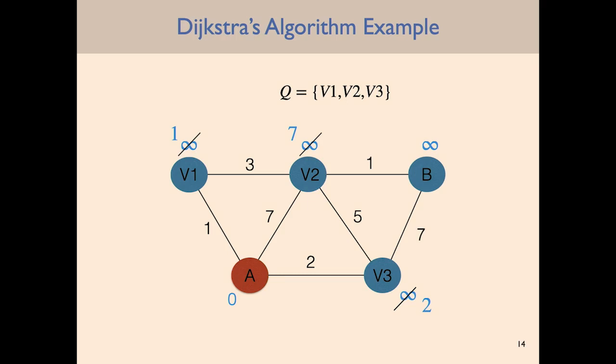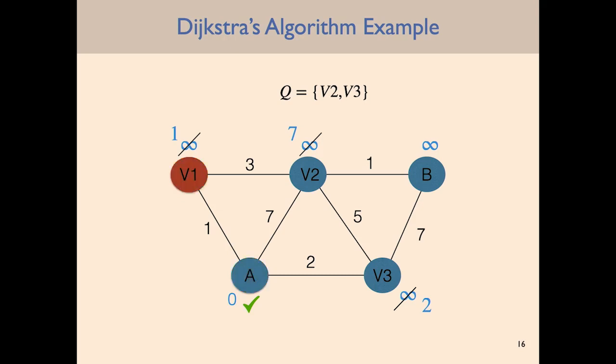They have cost estimates 1, 7, and 2. So the lowest one is V1. So that's the one that we're going to prioritize. That's the one we're going to take out of the queue and explore its neighbors. And I'm going to just mark with a check mark anything that is a dead vertex, anything whose neighbors we've finished updating the cost estimates for.